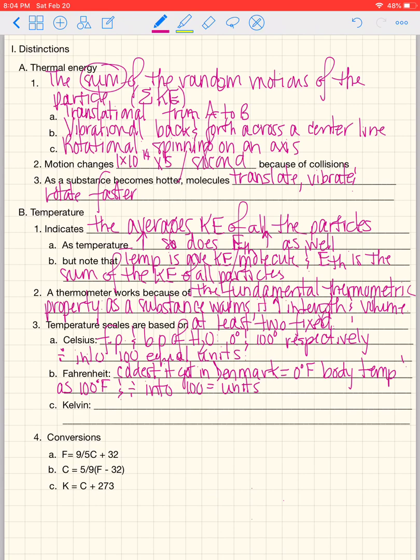And then from there, he developed the 32 and the 212. They were not the points he used. Those would be very, very random, just to sit at his desk and say, today I'm going to decide what my temperature scale is going to be. I'm going to make 32 degrees Fahrenheit water freezing, and let's call boiling water 212. That would be just silly. Instead, it was still the 0 and 100, but it was not based on water. It was based on how cold it got in Denmark and body temperature.